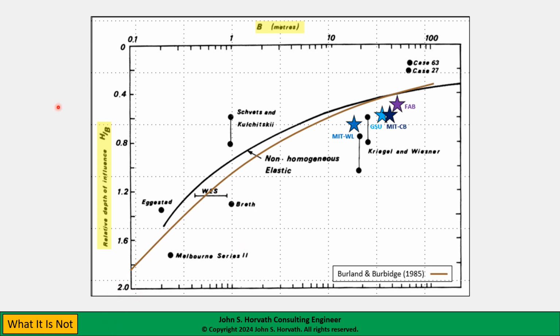So we see that those simplistic values of 2 and 4 that we all learned as undergraduates are simply grossly incorrect, especially when we talk about mat foundations that have more typical widths up in this range here.